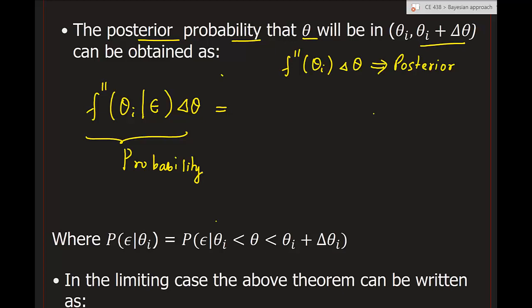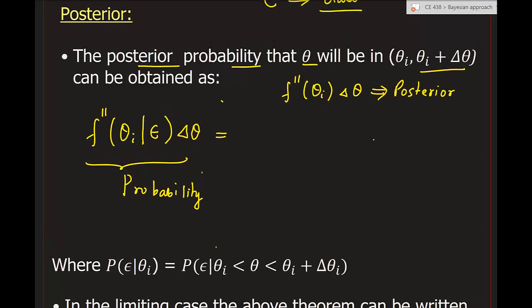This is equal to prior times likelihood. So we have to write the likelihood and multiply by the prior. The likelihood will be the probability of my data given theta_i, and then the prior, that is f' of theta_i, and then multiply by delta theta.